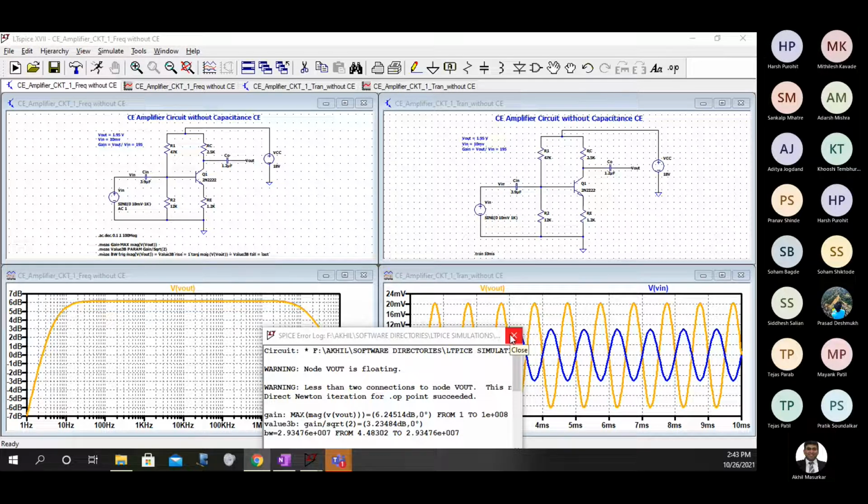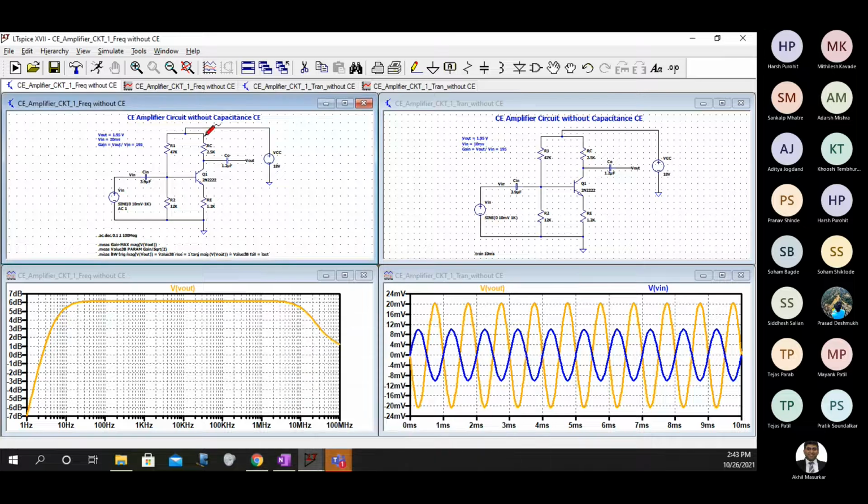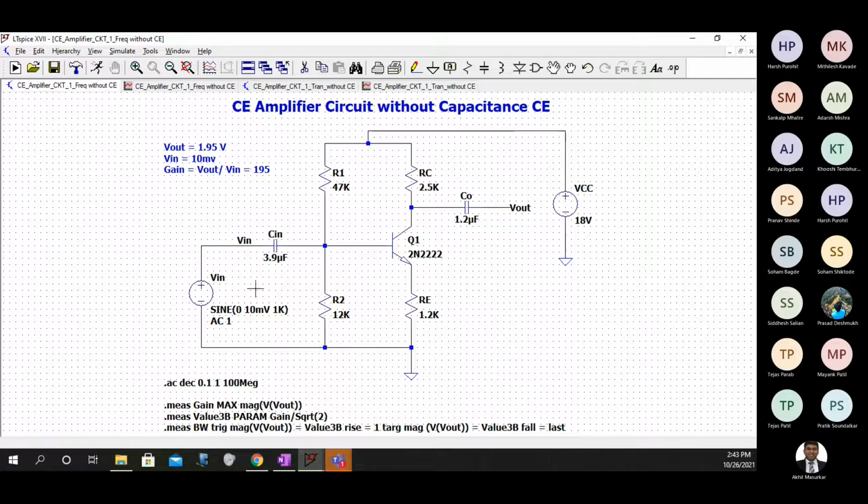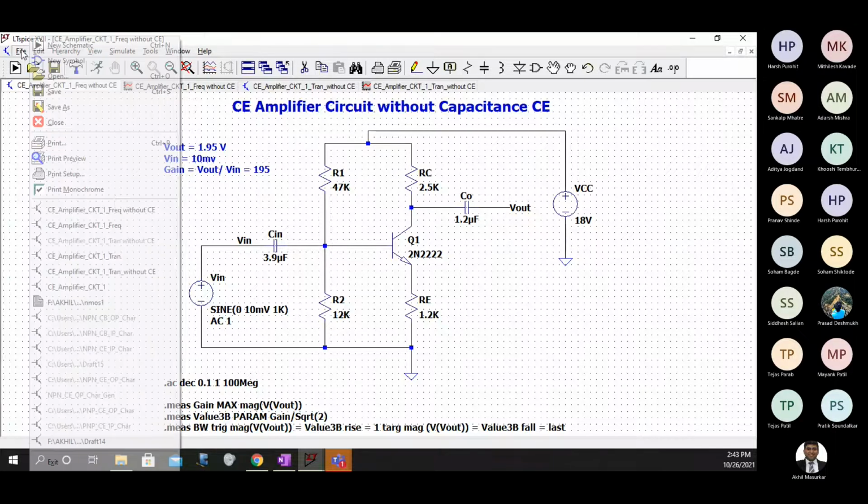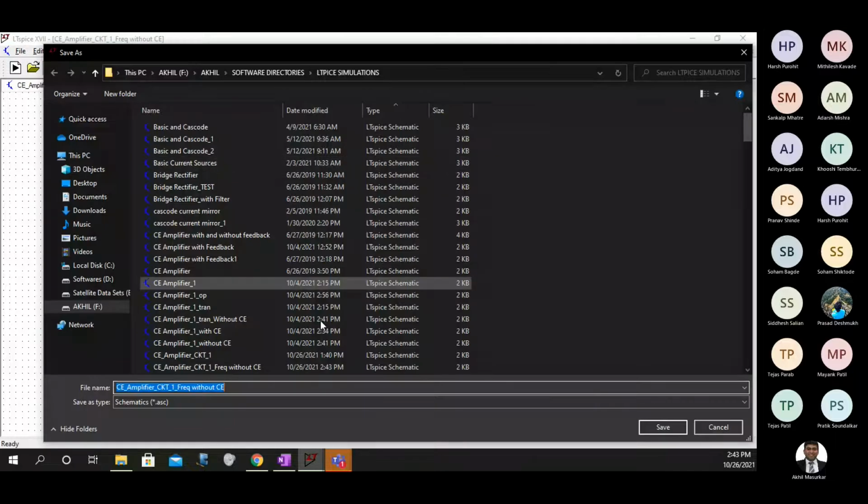So now how do we see the input impedance? Okay, let's see that also. So I'm just taking this file, and I will save it as something else. File, save as.